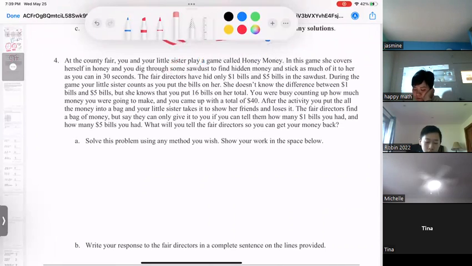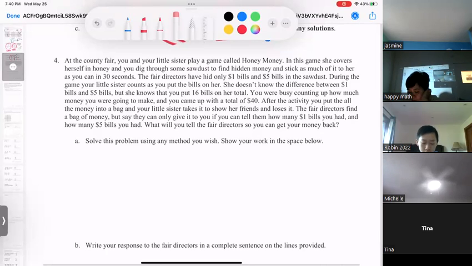So it says, question 4, at the country fair, you and your little sister play a game called Honey Money. In this game, he covers himself in honey and you dig through some sawdust to find hidden money and stick as much of it to her as you can in 30 minutes.